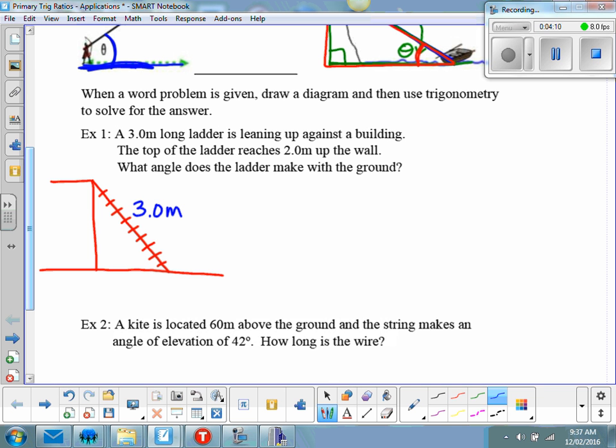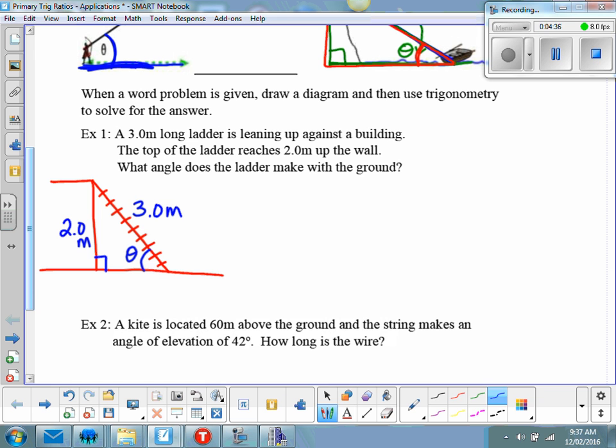The top of the ladder reaches 2 meters up the wall. So that means the distance going up the side of the wall is 2.0 meters. And they want me to find what angle the ladder makes with the ground. So they want me to find that angle there. So I'm going to put theta in that corner. Obviously this is a right angle here.